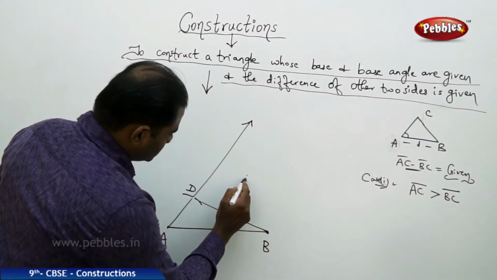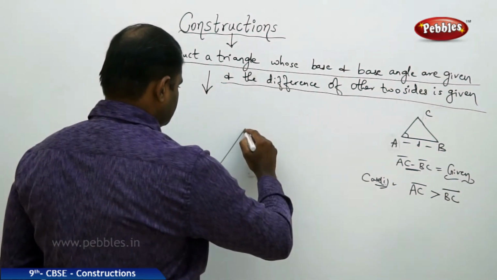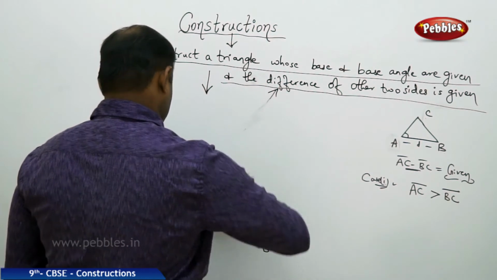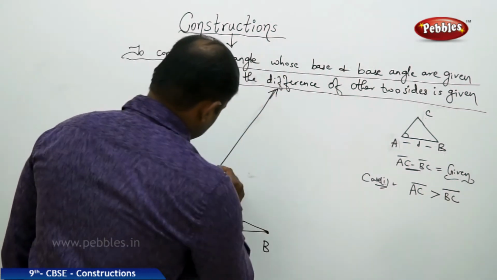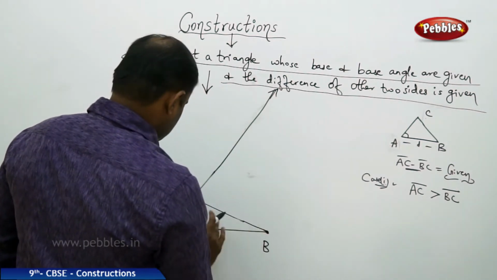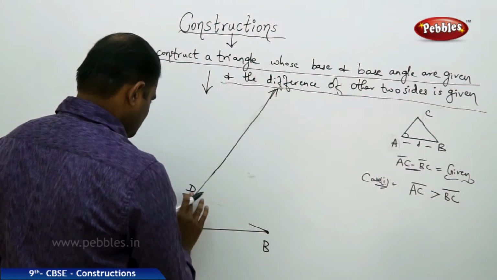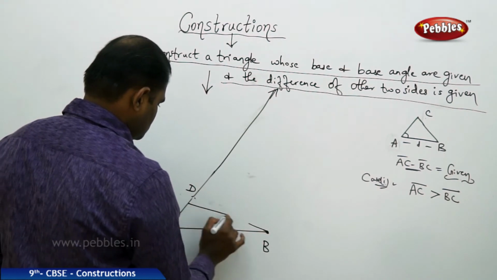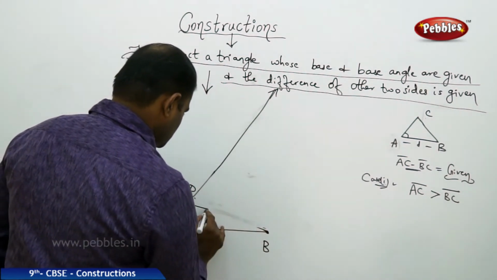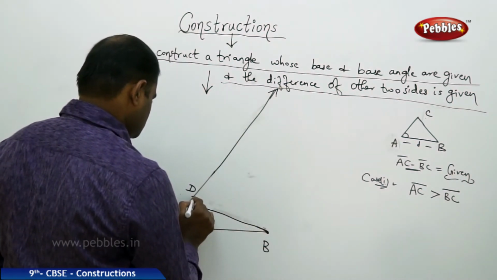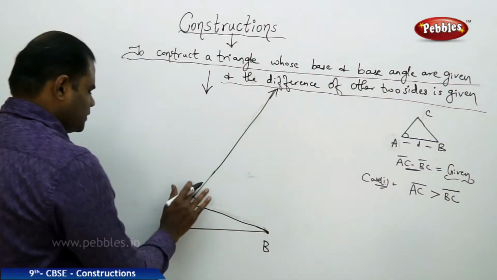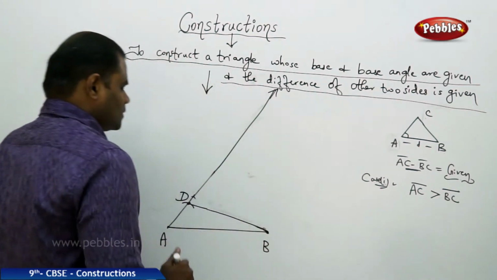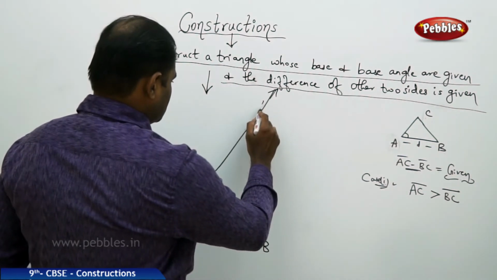I get a perpendicular bisector here. So here is D, and here I want to draw the perpendicular bisector. So here, let's say, is the perpendicular bisector for this line.